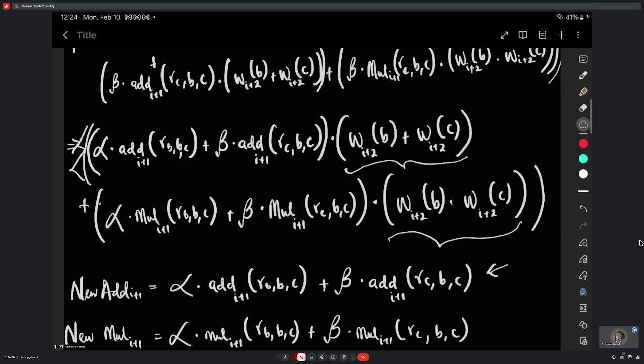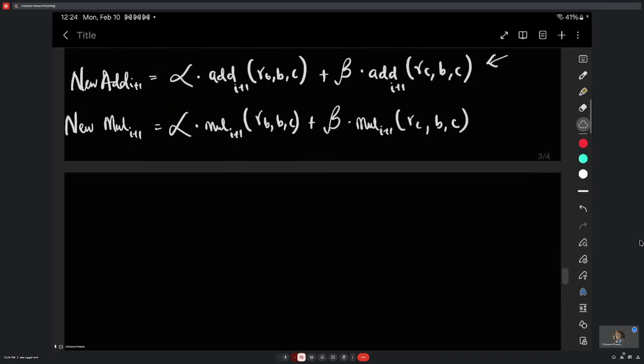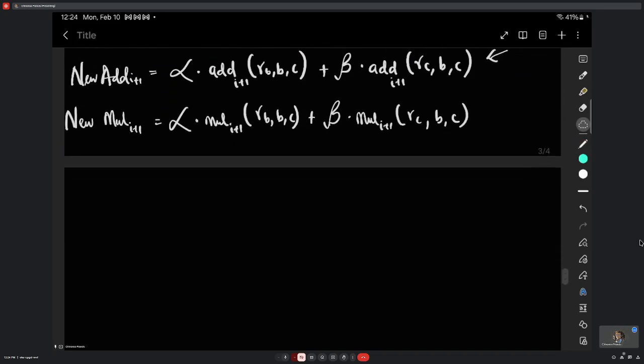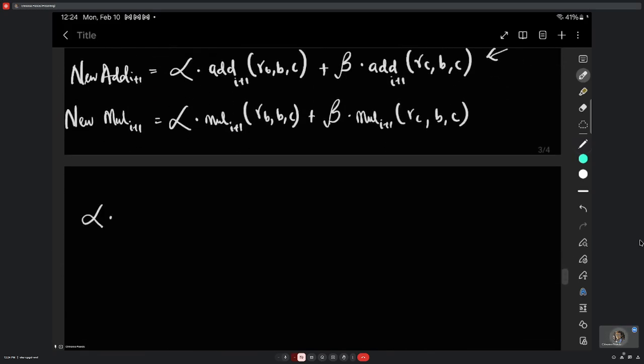Okay, let me just use. So we're performing sum check on basically alpha times WI plus 1 of RB plus beta times WI plus 1 of RC, right?